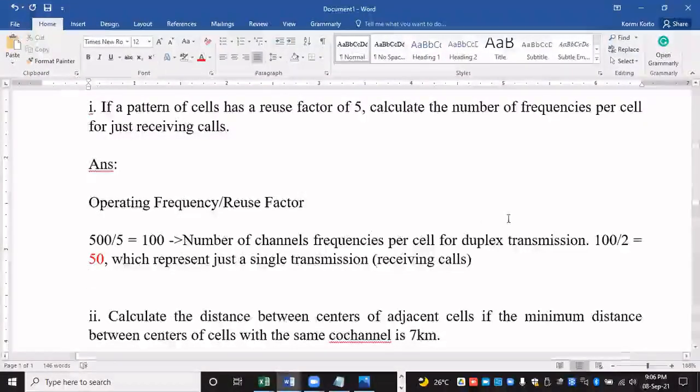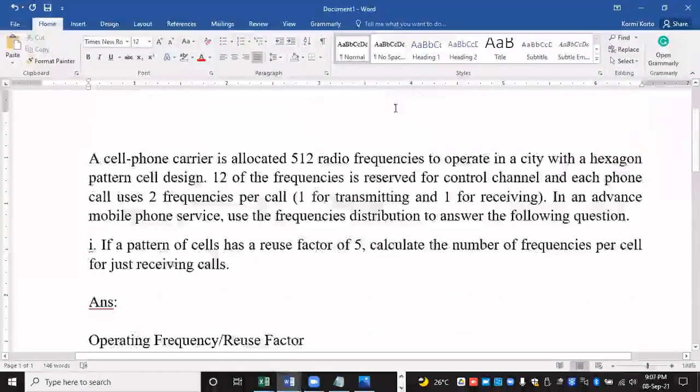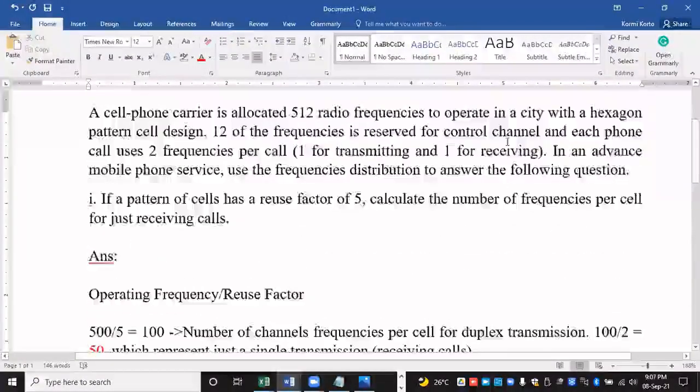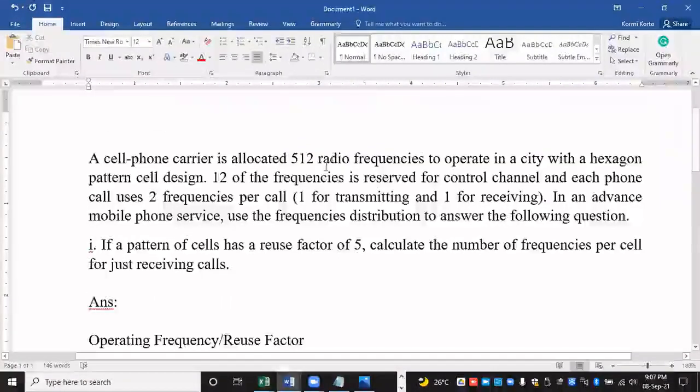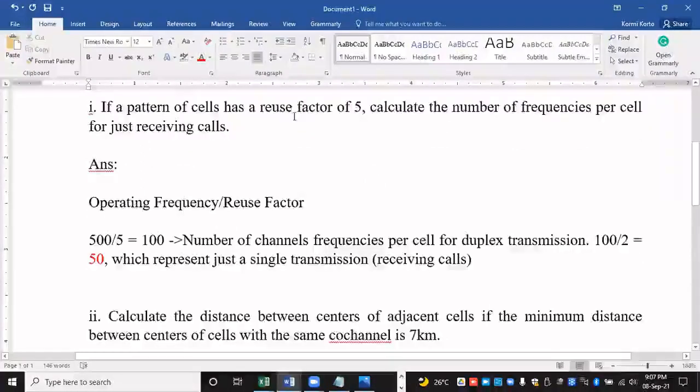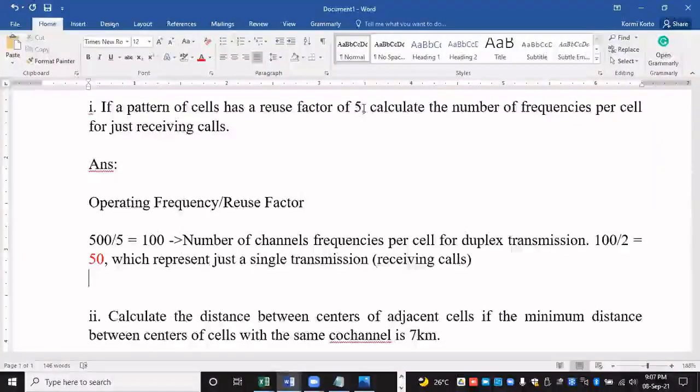Okay, so you got how I was able to answer this particular question, right? Yeah, it was pretty straightforward. You had 512, 12 was reserved, so obviously you only have 500 to work with. And the question is asking for a reuse factor of 5, so per cell you divide 500 by 5 to get the number of channels you're going to be using.